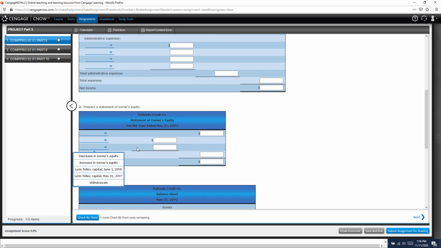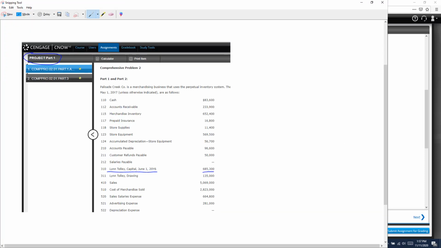Page 301 for reference to the statement of owner's equity for the format of how to do that. And you would select the account and input the account balance. Where does the account balance come from? Well, I already showed you for this where that came from, right? Project part 1 is given in the information in project part 1.